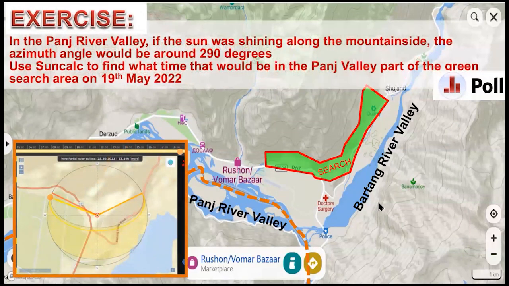But what about if we hypothesize about the sun? Because the difference between these two bits of search area are that one of them, the mountainside, is in one direction and the other's at almost 90 degrees. You've almost gone around the corner.